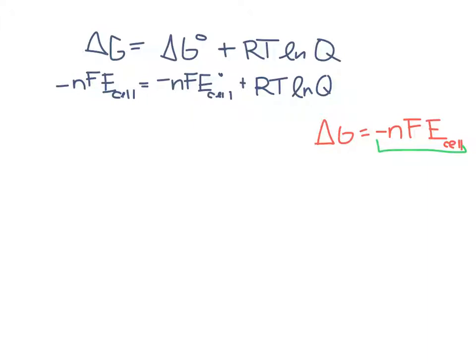Okay, that looks pretty nasty. So what we're going to do is divide all of these terms by negative nF. That way we can simplify where all the letters are in the equation.